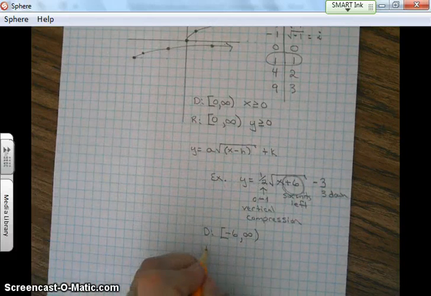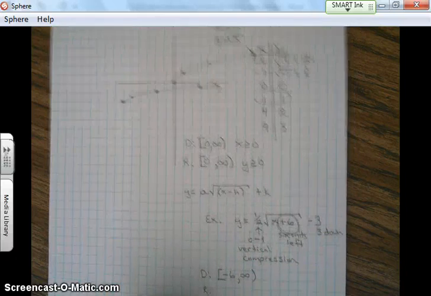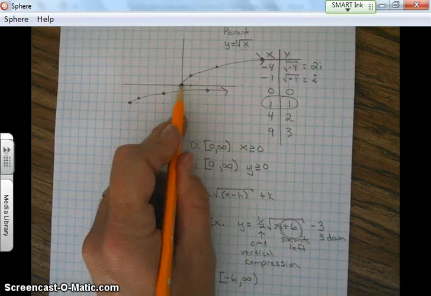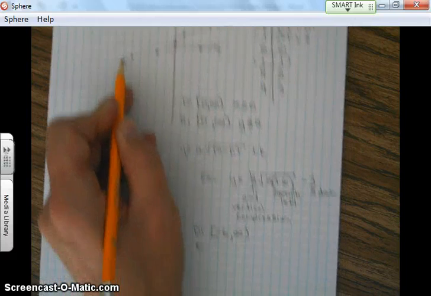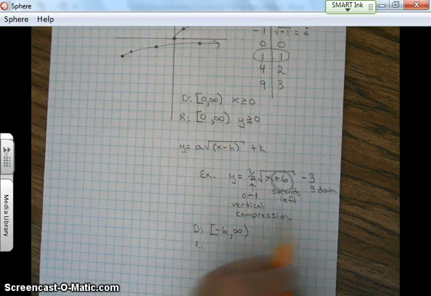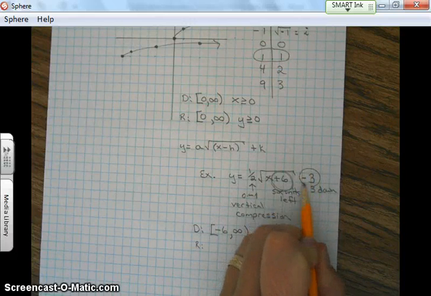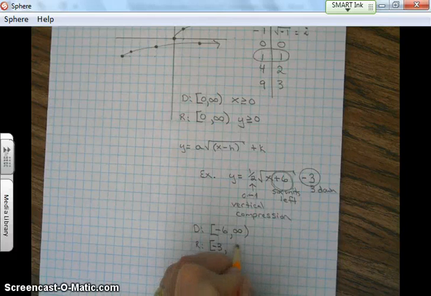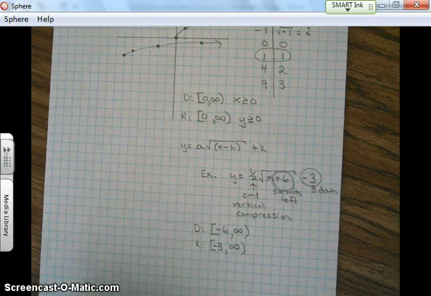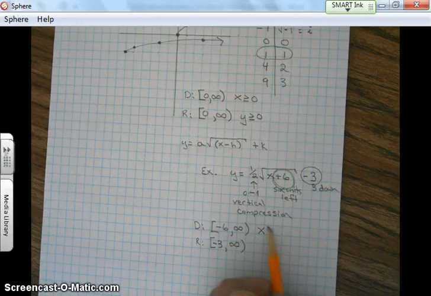And then our range, notice it's been affected. The graph has been shifted not only 6 left, but also 3 down. So our range is going to be affected by our k value. So -3 to infinity. Or you could write these as x is greater than or equal to -6 and y is greater than or equal to -3.